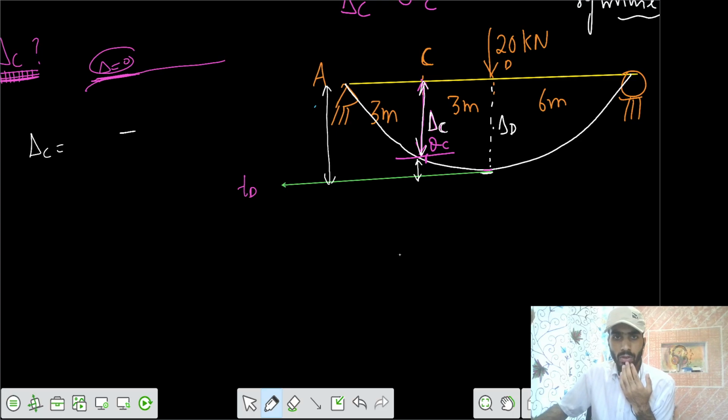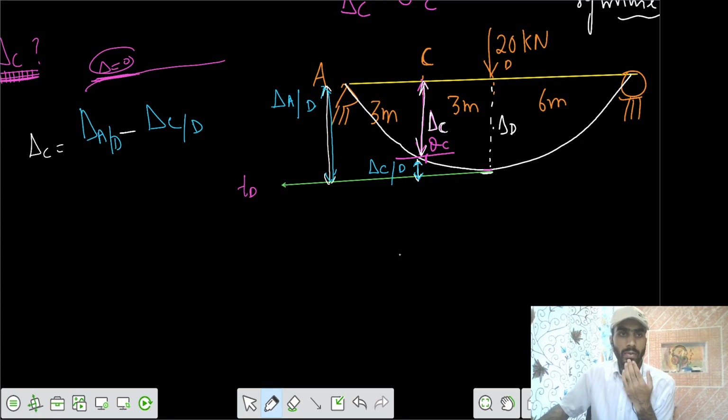This is delta at A, but with respect to a tangent drawn from D. Similarly, this one is delta at C with respect to the tangent drawn from D. So if we know these two values, we can get the delta at C that we have to solve. We can write delta at A with respect to the tangent drawn from D minus delta at C with respect to the tangent drawn from D.